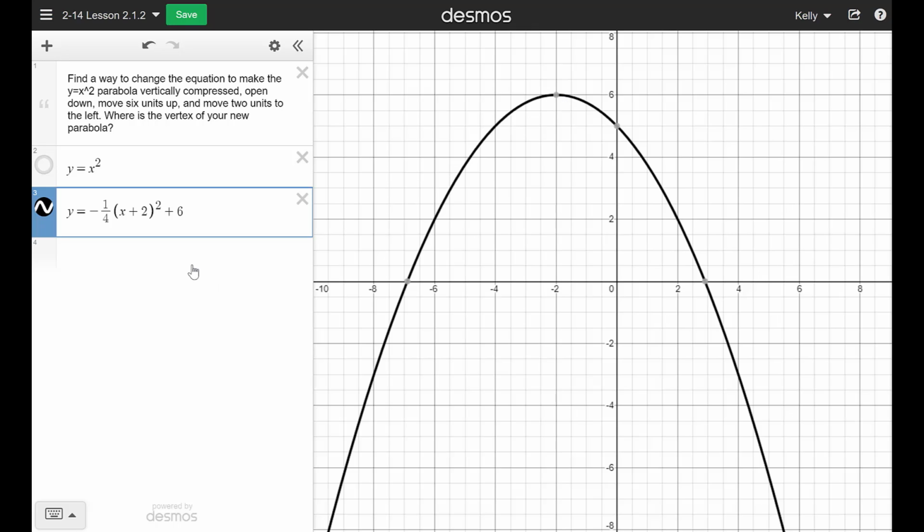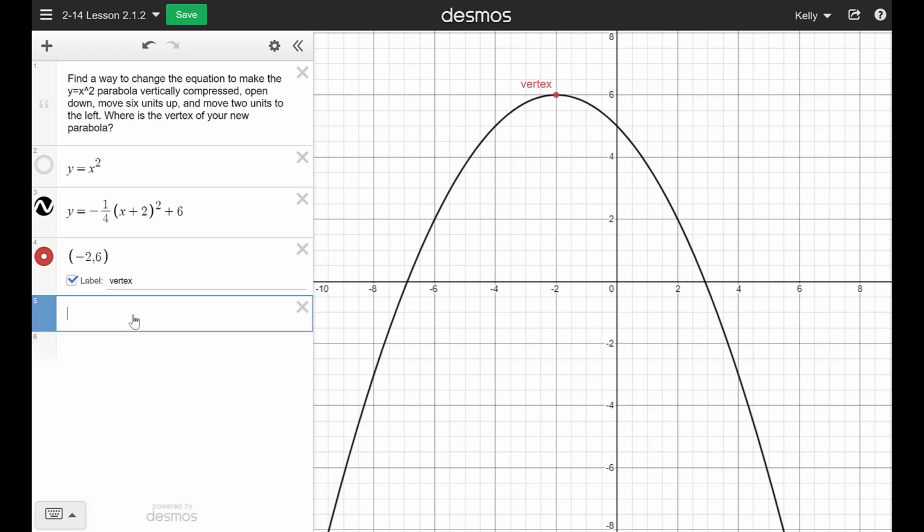So our vertex is at -2, 6. We're going to plot that point. That was a question on it. It is the vertex, and it represents a maximum. This is a maximum because everything else opens downward.